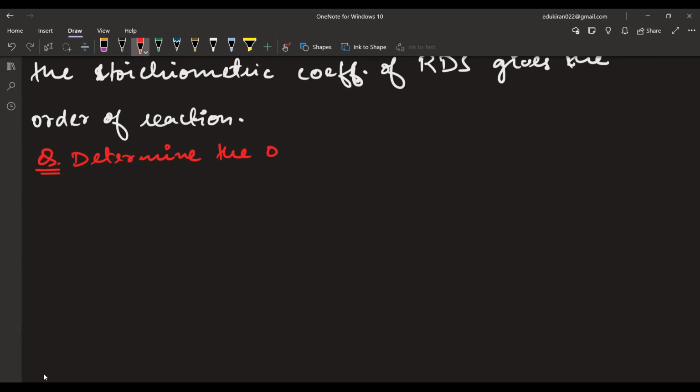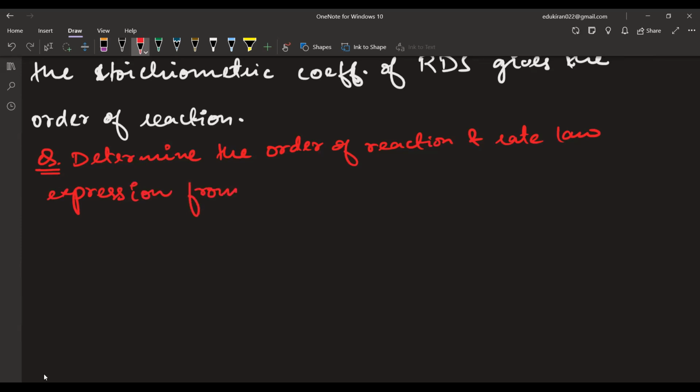Determine the order of reaction and rate law expression from the following mechanism.